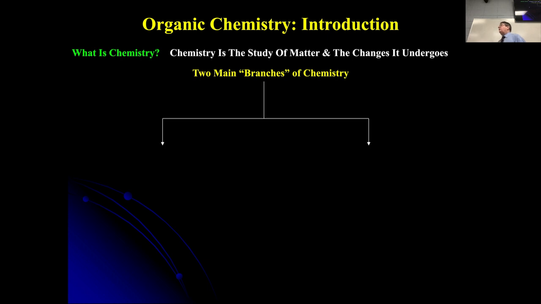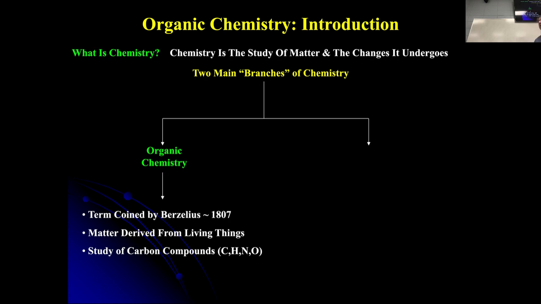And there are two main branches of chemistry. Okay? People will say that there are more, but in reality, there's only two. There is organic chemistry, which is the topic we're going to be covering in this class. Okay? This was a term coined by Berzelius in around 1807. Before that, we didn't really think of chemistry.